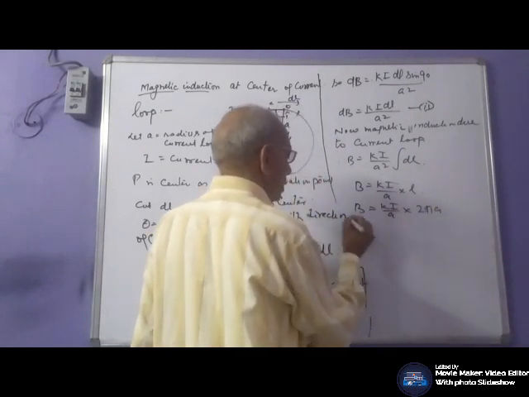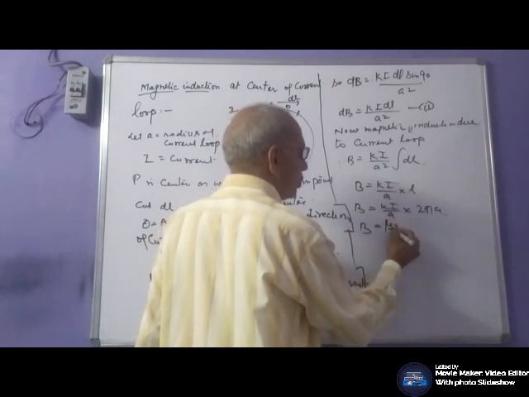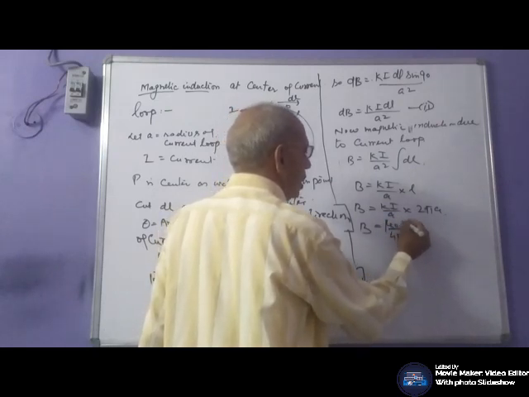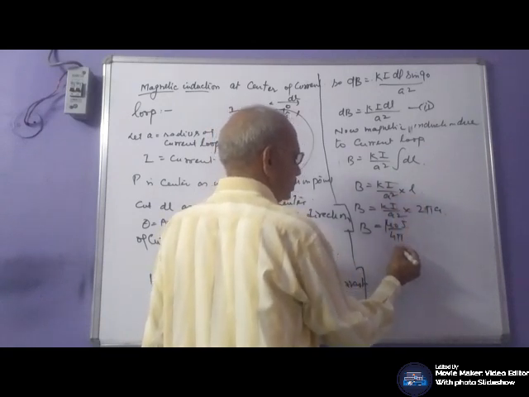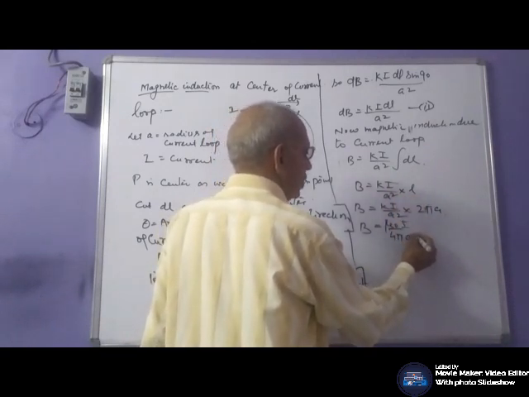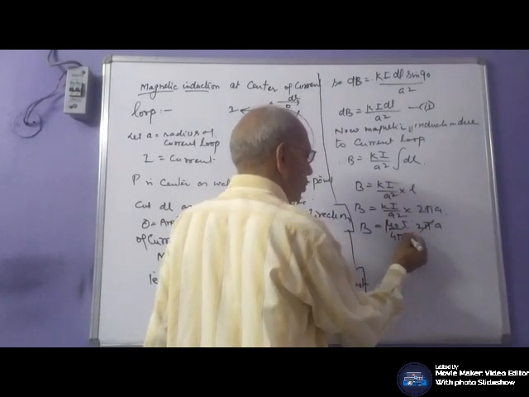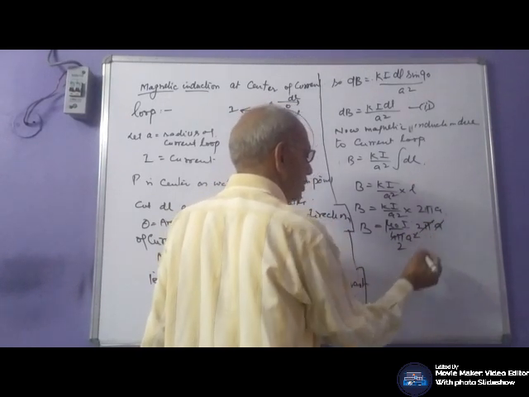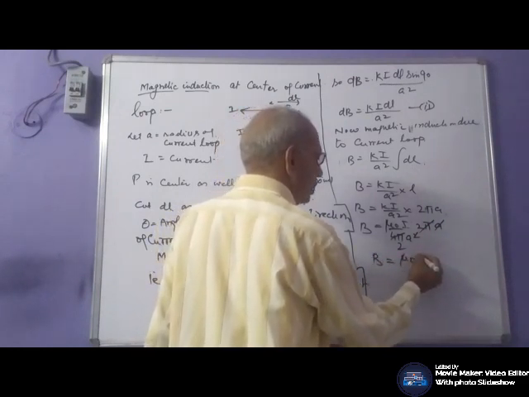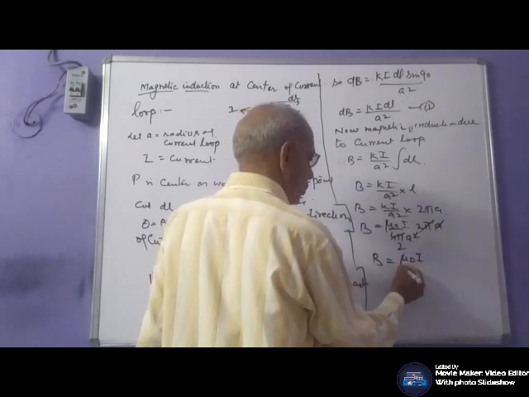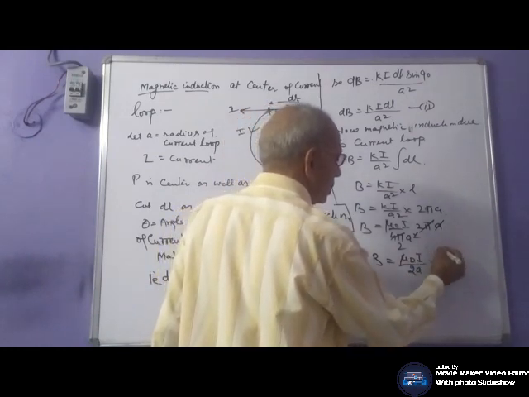So B equals K I by a square times 2 pi a, and with K equal to mu naught by 4 pi, B is mu naught I by 2a.